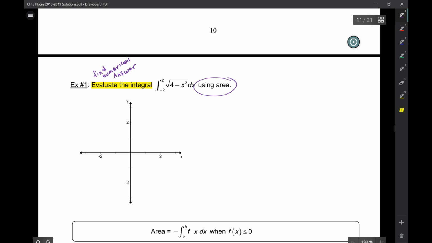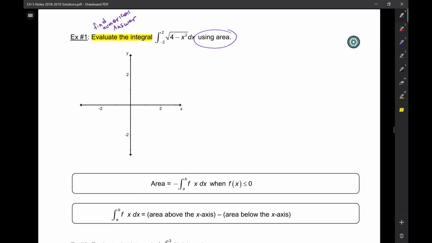So we have to use actual areas here. What is this an equation of? A semicircle, way to go. Radius of 2, good. That's a pretty good semicircle.